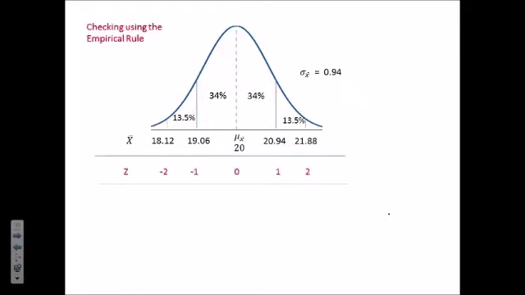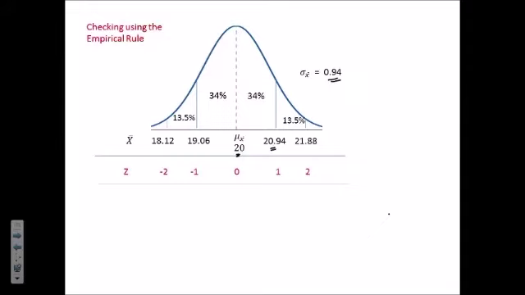We could check our answer using the empirical rule. If we go 1 standard deviation from the mean, standard deviation is 0.94. If we add 0.94 to 20, we get 20.94.